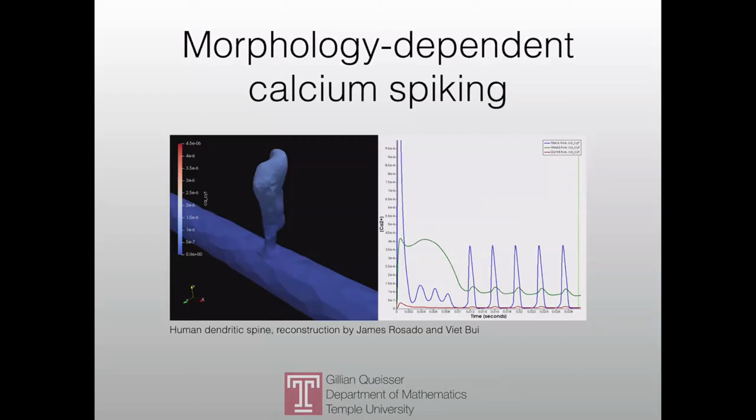I presented ways to automatically regularize geometries or computational grids to include them efficiently in hierarchical numerical solvers like geometric multigrid, and then incorporate detailed reconstructed morphologies into numerical simulation to study the influence of 3D structure on, in this case, calcium function. And with that, I'd like to close and thank everyone for joining.